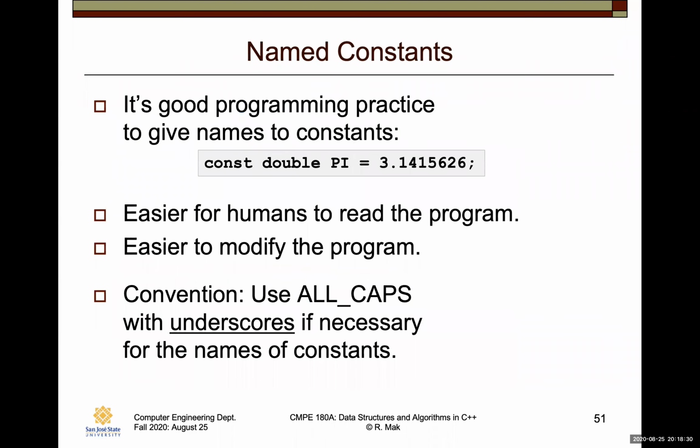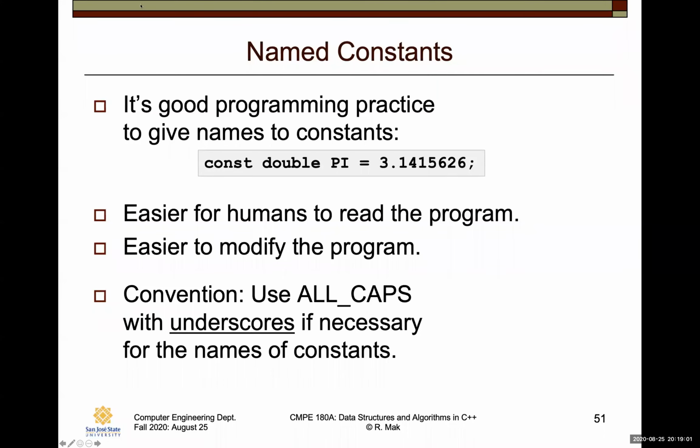Now, it's good to have named constants. Now, of course, this is the value of pi. And if you're writing a program that uses pi, you can always type in this long number every time you need to use pi. Okay. Well, now that means it's kind of dangerous because you might make a typing mistake and maybe put a 2 here instead of a 1, and then your program may not do the right thing.